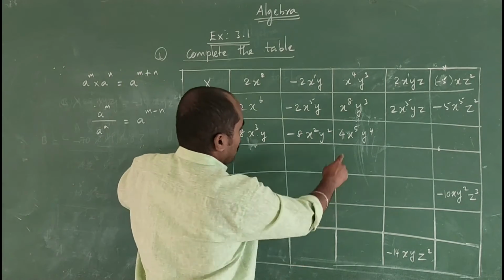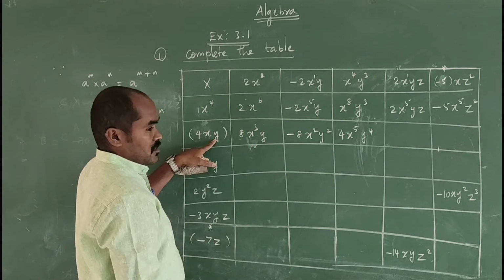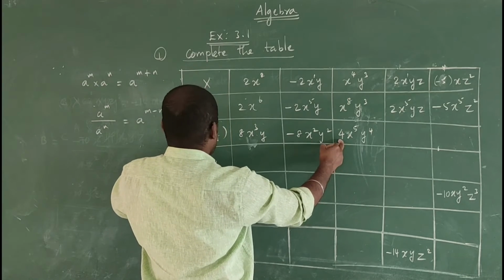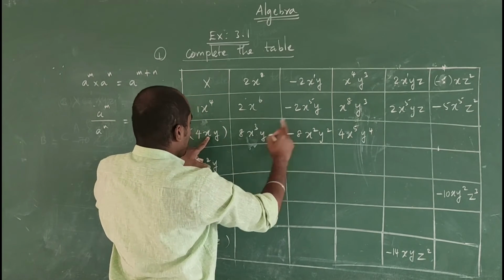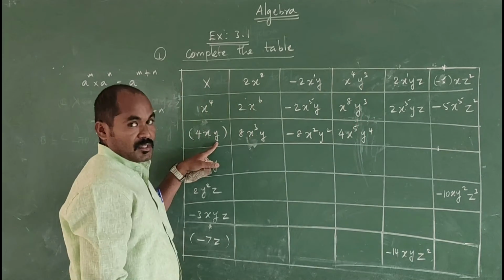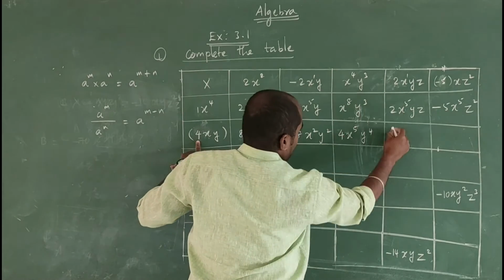So already we know this value 4x power 5 y power 4. Check this is correct. So 4 into 1 is 4. X into x power 4 is x power 5. Y into y power 3 is y power 4. It's correct. Right? So next 4 2s are 8.